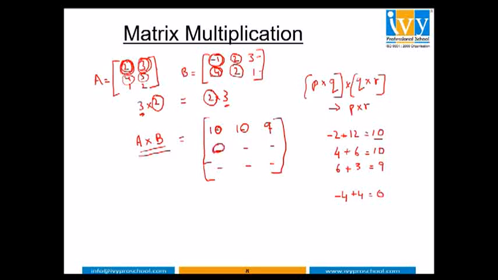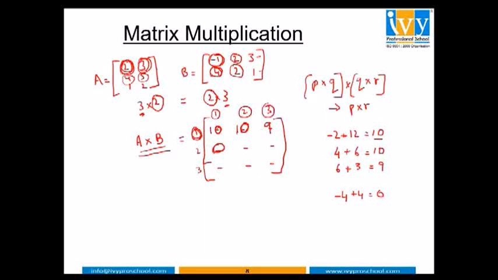So the basic intuition is, if we index this matrix like this, for element 1 1 we will multiply the first row of A with the first column of B. For this element we'll multiply the first row of A with the second column of B, and for this element we'll again multiply the first row of A with the third column of B.